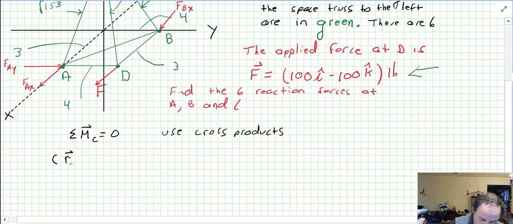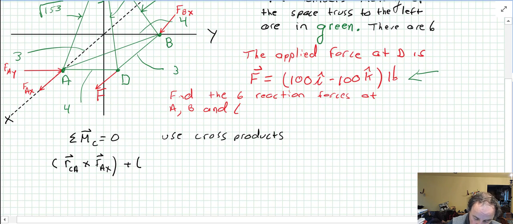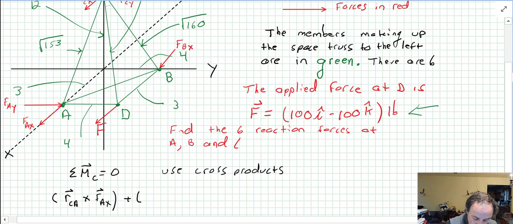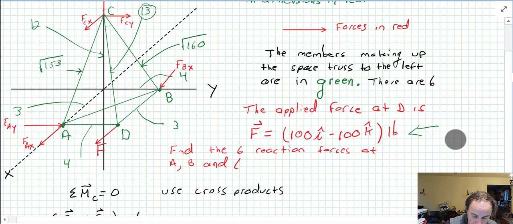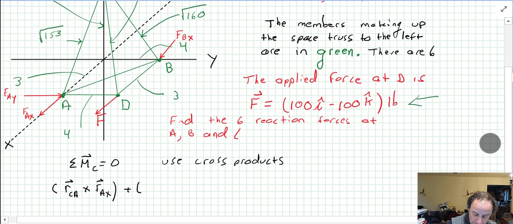R cross F for each of these. RCA cross FAX. So FAX and FAY both go through point A, so the position vector to the line of action of the force from the point about which you're taking the moments, point C, for both FAY and FAX is the position vector CA, from C to A. Okay, so we can use that for both of them.